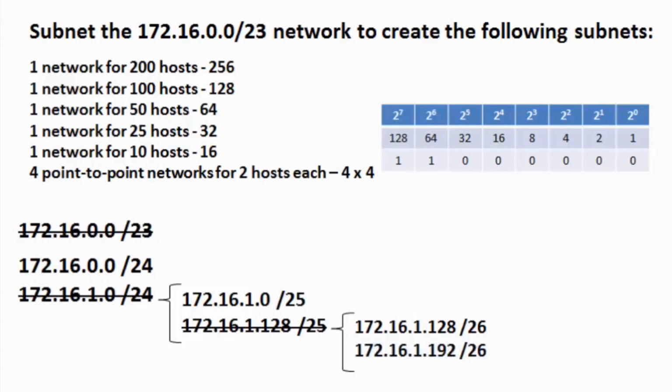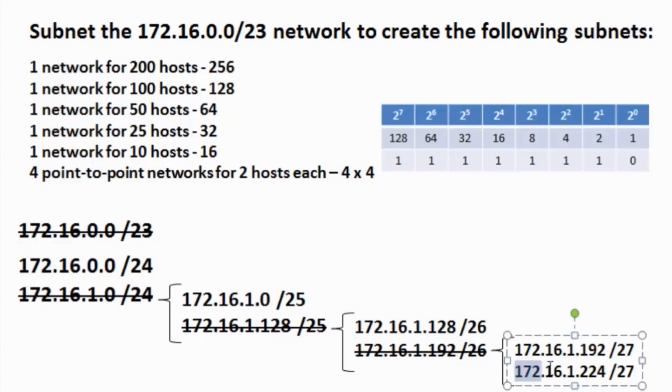To do this, I take the 192 subnet and subdivide it by changing the subnet mask from /26 to /27, creating two subnets of 32 hosts each. So now I'm no longer using the 192 subnet /26, I'm using it as a 192/27 subnet and a 224/27 subnet. From here, I still need a subnet for 10 hosts.